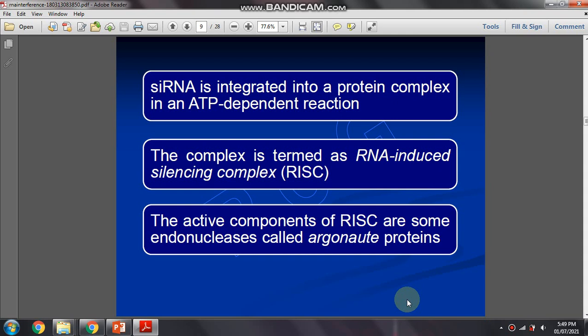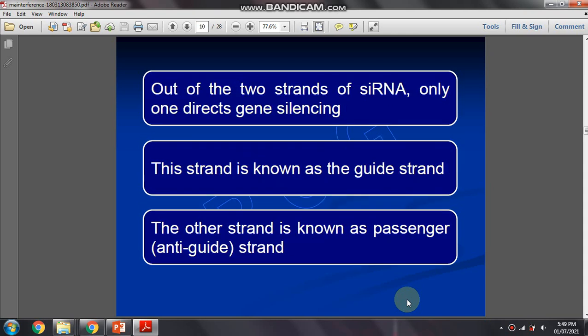The active components of RISC are endonucleases called argonaute proteins. Out of the two strands of siRNA, only one directs silencing. This strand is known as the guide strand. The other strand is known as the passenger or anti-guide strand.